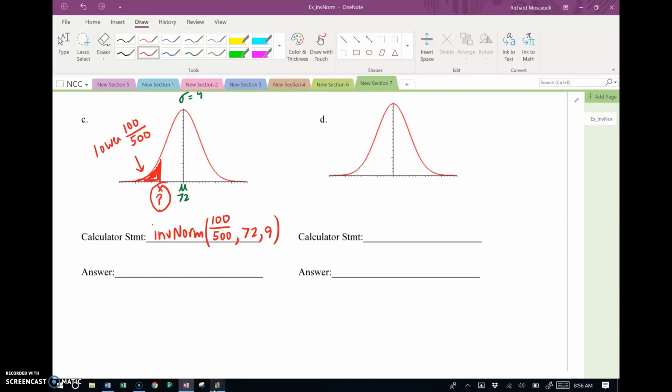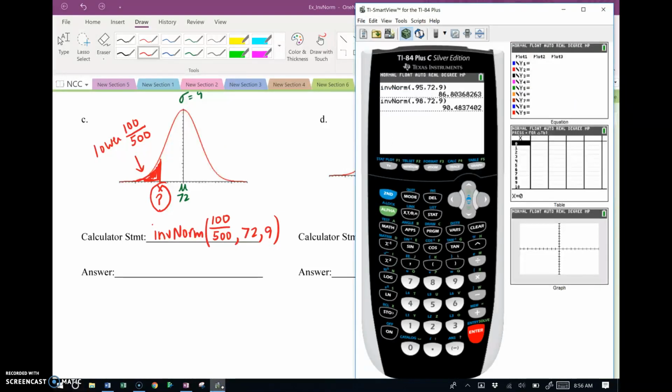All right, so we'll go back to our calculator. Second enter, and I'm going to change that 0.98 to 100 out of 500. Now, it won't fit in there, obviously, so I'll type the 100. Then I have to hit insert, divided by 500. All right, so there it is. And again, if you wanted to convert the 100 divided by 500 into a decimal for yourself, go right ahead, but I don't see a need for that.